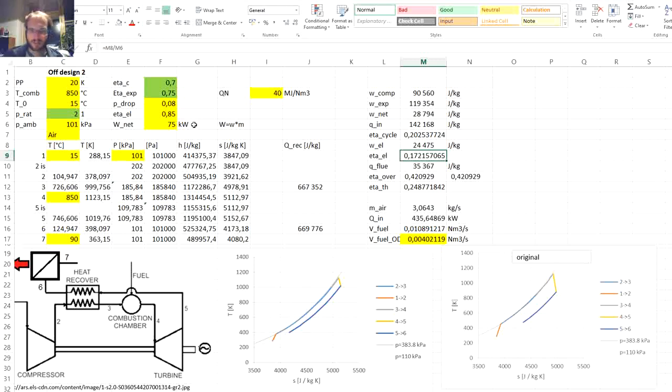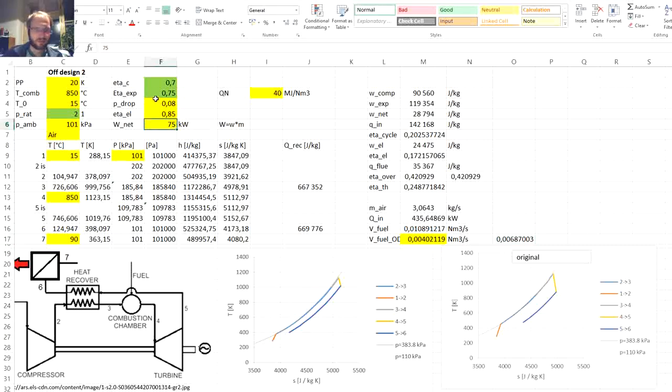But now there is just one last point missing, because the model is still using the 75 kilowatts as net power output, which would result in a very high airflow rate. And our input was this mass flow rate of the fuel. So let's put here an auxiliary value as the difference of the calculated flow rate minus the required fuel flow rate.